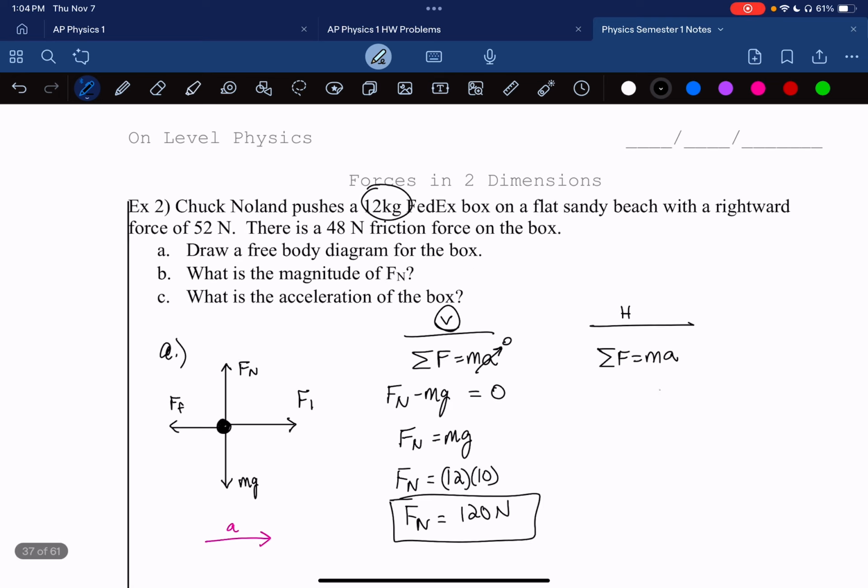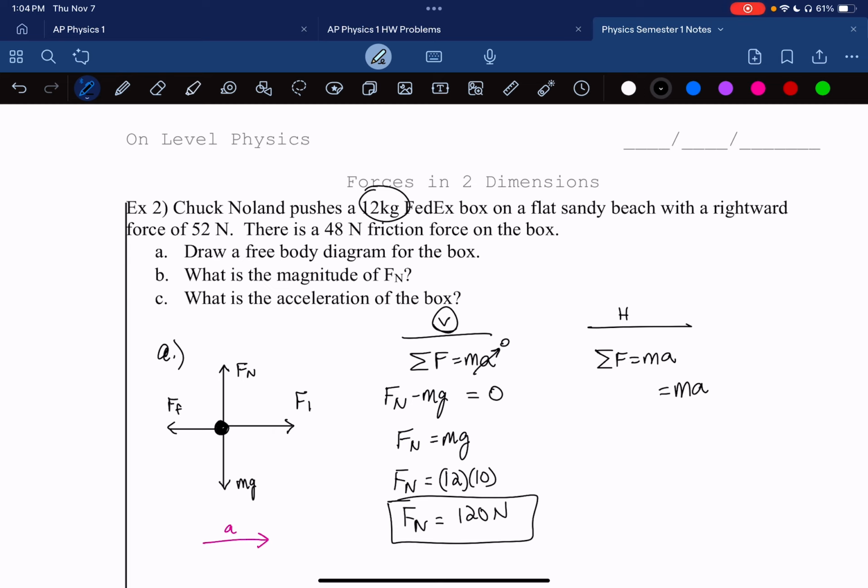Horizontally, there is acceleration, so we'll keep ma. But now we'll put our horizontal forces. Now, the force that gets the acceleration going, that force goes first. So that's F1. And we will subtract the friction force because it's going in an opposite direction. But this time we want to calculate for the acceleration. So we'll divide both sides by m to isolate the acceleration.